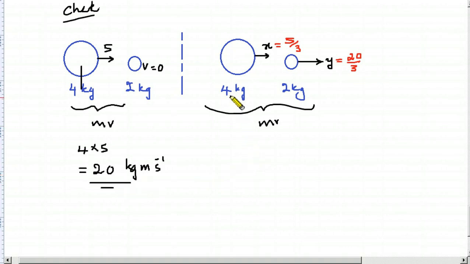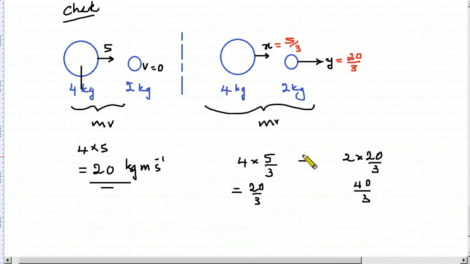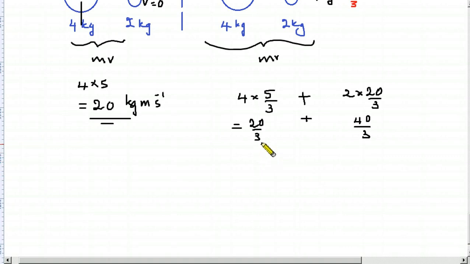So here 4 times 5 divided by 3, that means 20 divided by 3, and here 2 times 20 divided by 3, then 40 divided by 3. The denominator is the same, then 60 divided by 3 equals 20. Okay, we are correct. That is how we check.